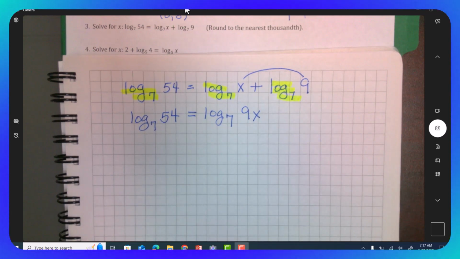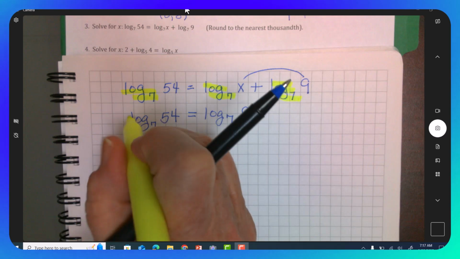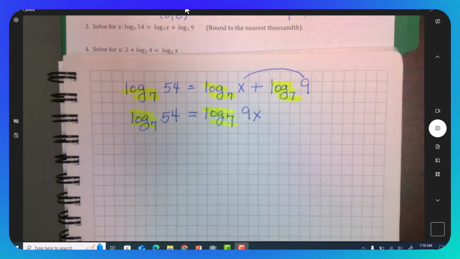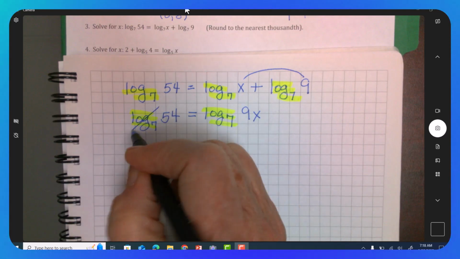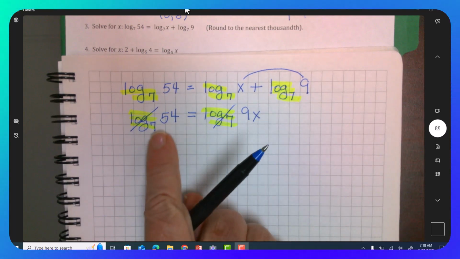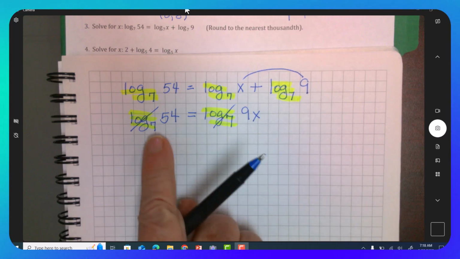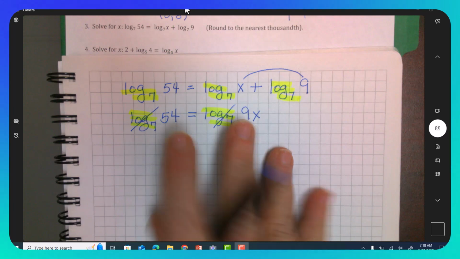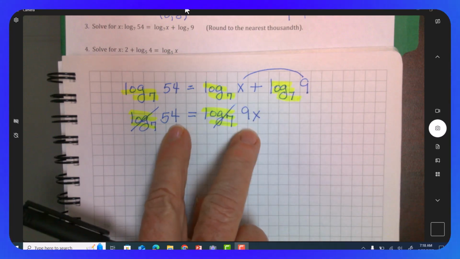Okay, again, we have the same log base 7. So we can scratch that out or we can cross it out. It's like looking at the exponents in an exponential equation, setting those equal.